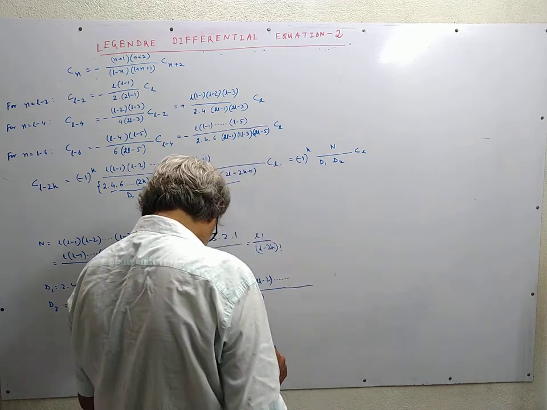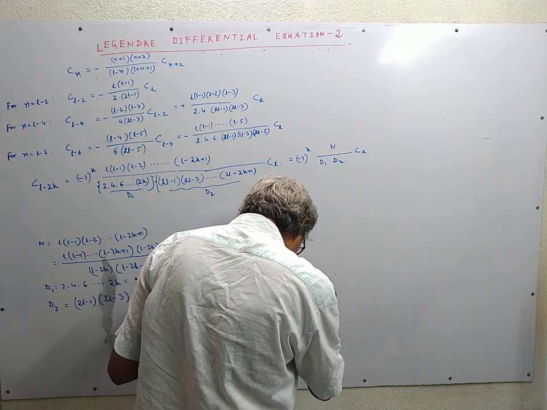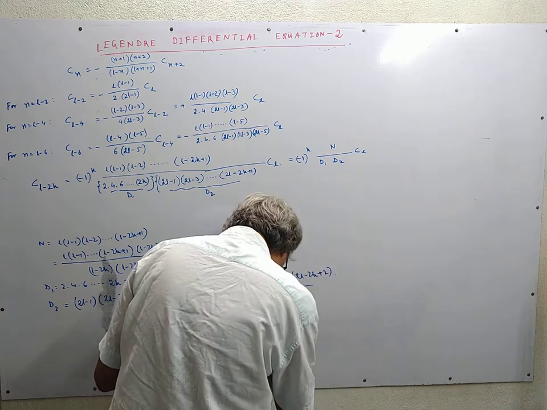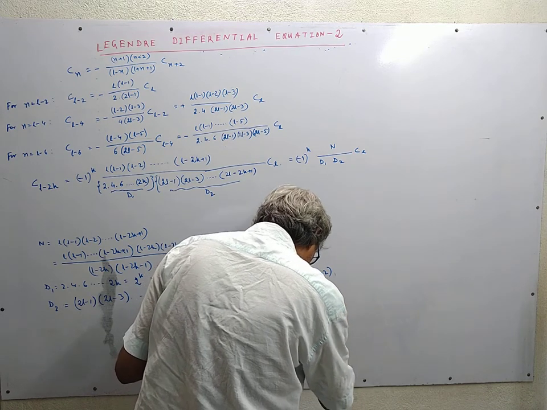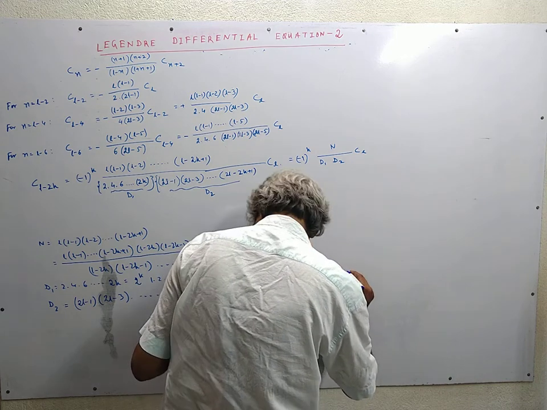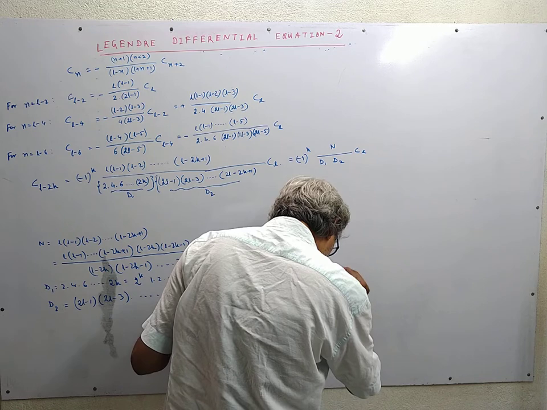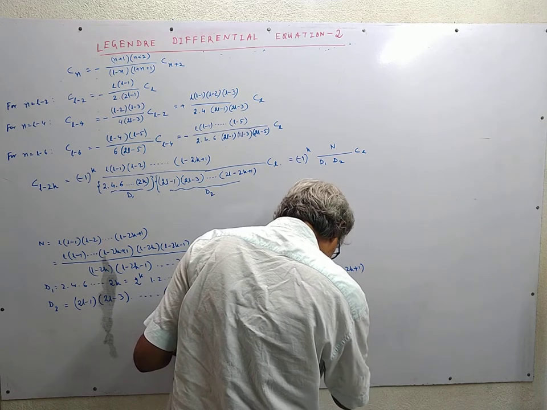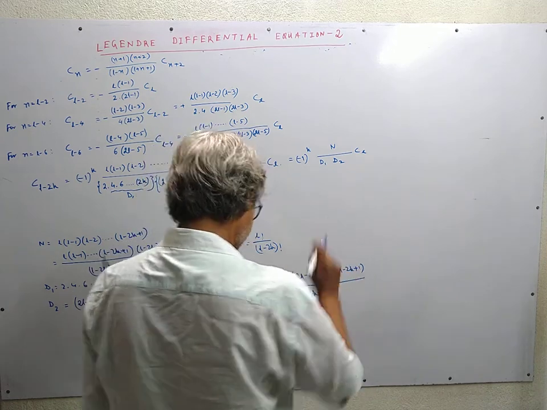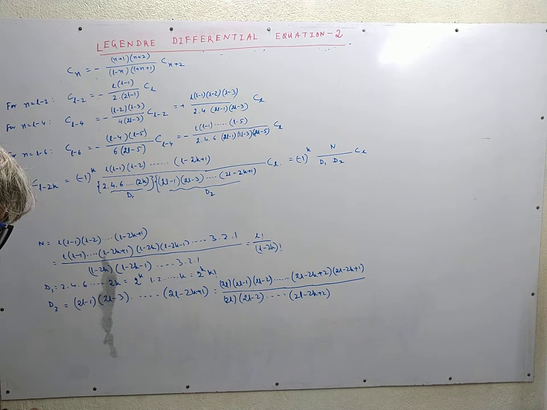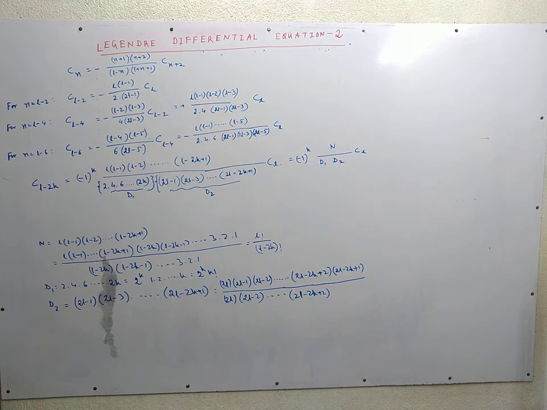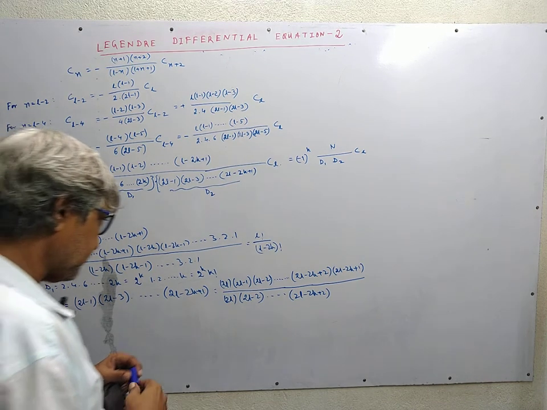The just previous term was 2L minus 2k plus 2, which was not there, so we write 2L minus 2k plus 2, and the last term was there. This is the adjustment.